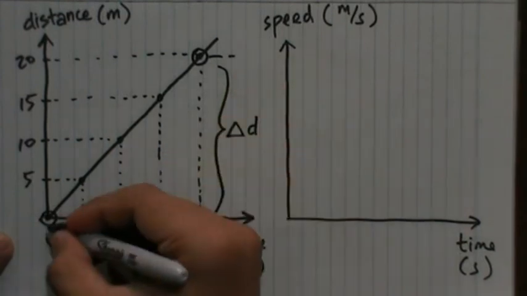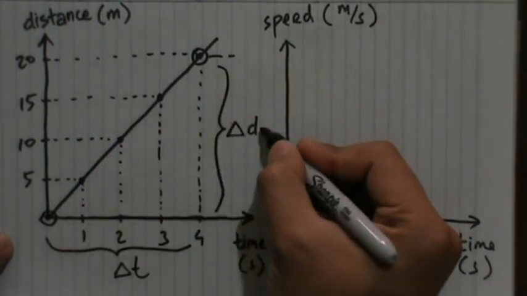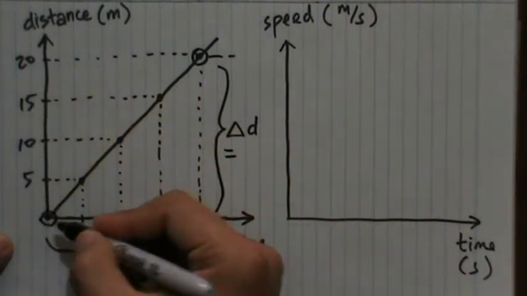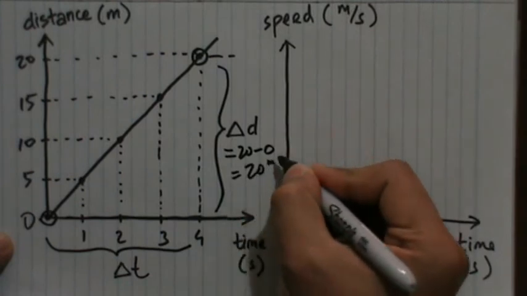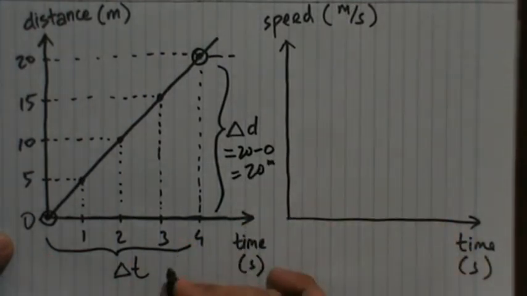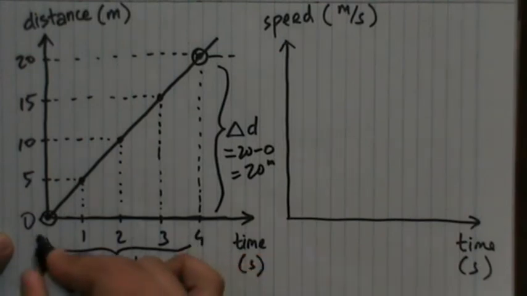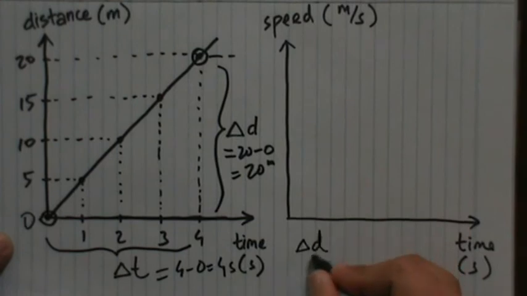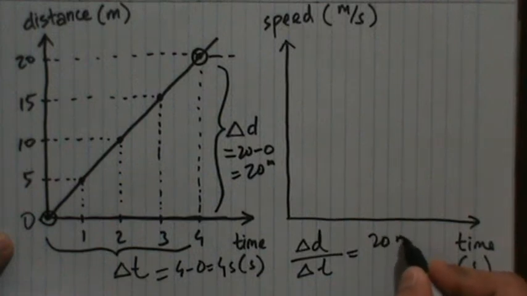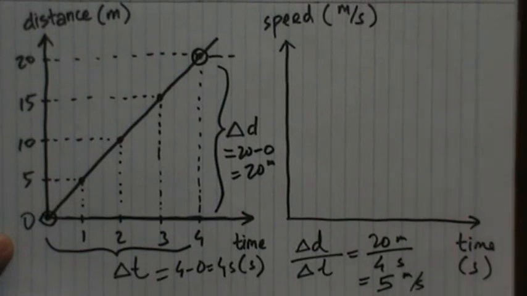So for example, using these 2 points, delta D here is 20 minus 0, so you will get 20 meters. And the value of delta T here is 4 minus 0, so you will get 4 seconds. If you divide delta D by delta T, you will get 20 meters divided by 4 seconds, or 5 meters per second. And that's the speed of this object.